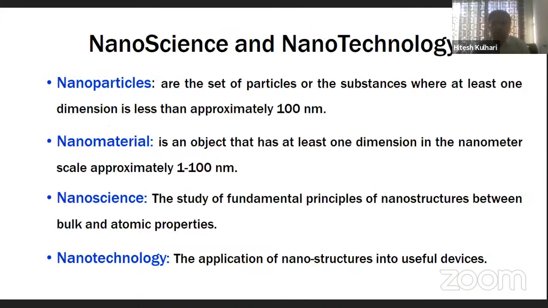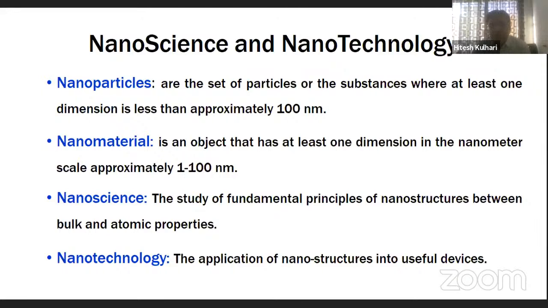Because this is totally new to you, I will tell you some terminology that we will be using in this presentation. One is the nanoparticle: any particle or substance which has at least one dimension in the 1 to 100 nanometer range.